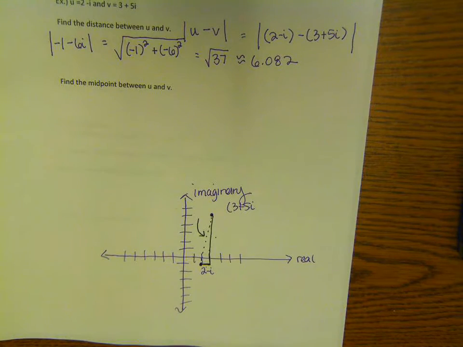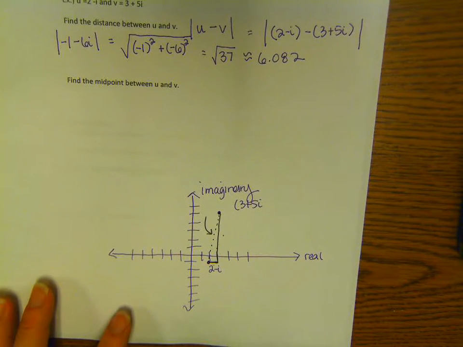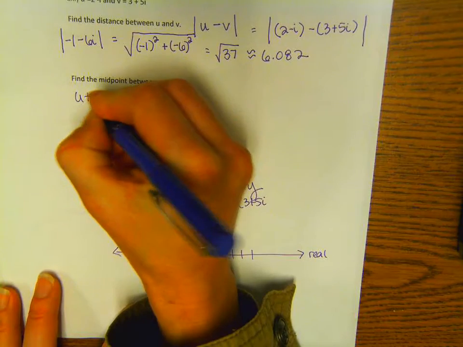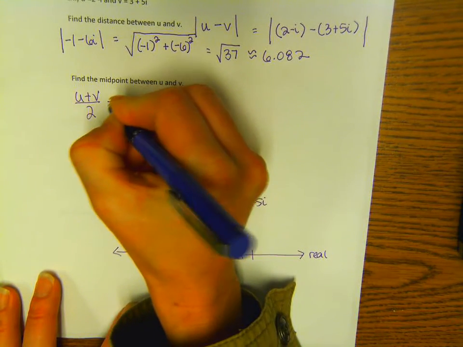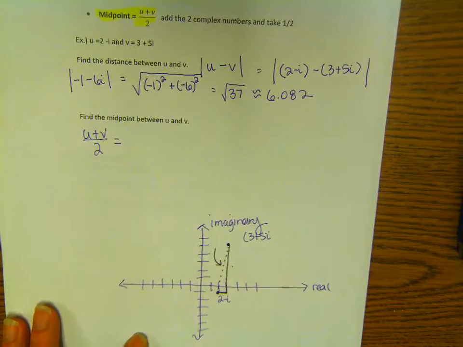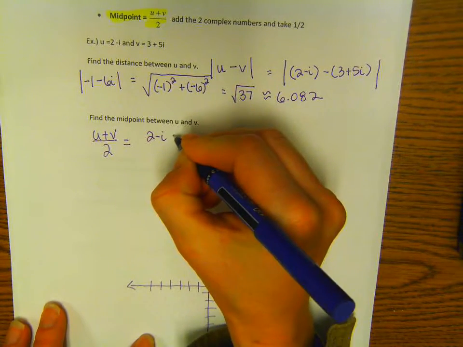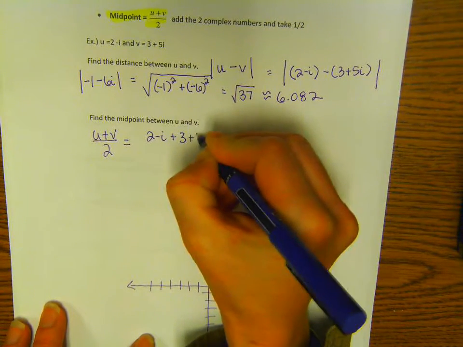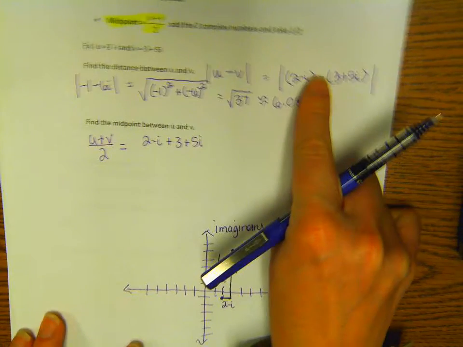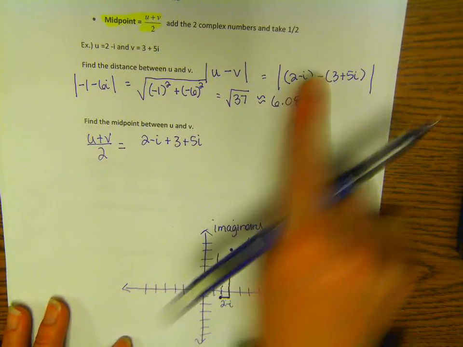Alright, so let's find the midpoint between u and v then. So for this, I'm going to take u plus v and divide by 2. So, 2 minus i plus 3 plus 5i. Notice above I used parentheses around them, and here I didn't.